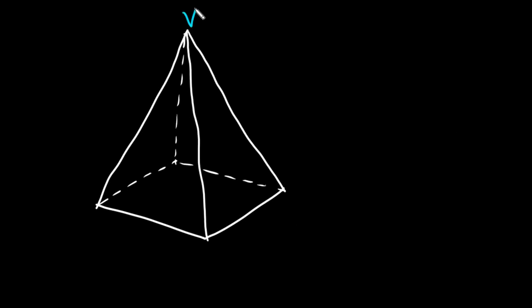So this is point V, then we have F, G, H, and then here we have point E. Then we have point A. This is A, this is B, this is C, and at the back here we have D.